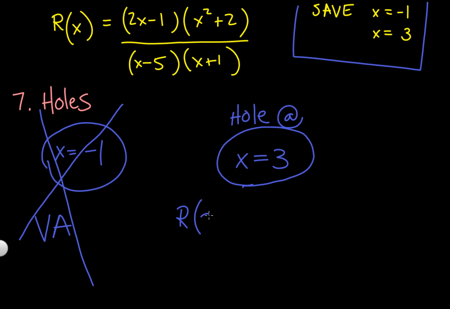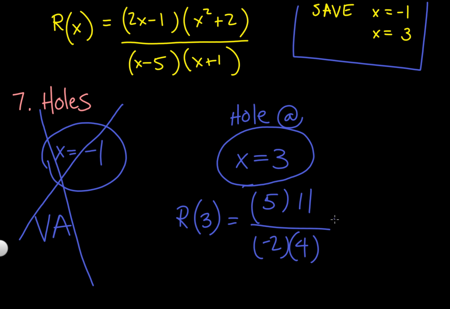So r of 3 is 2x minus 1, which is 6 minus 1, or 5, times 9 plus 2, which gives me 11, over 3 minus 5, which is negative 2, times 3 plus 1, or 4. So we're going to have a hole at the coordinate (3, negative 55 over 8).